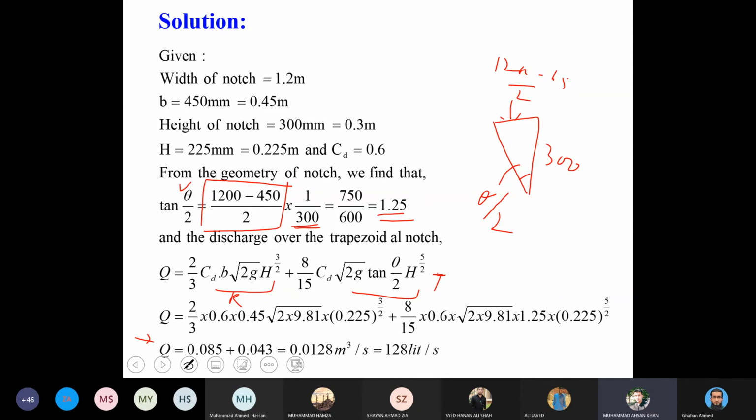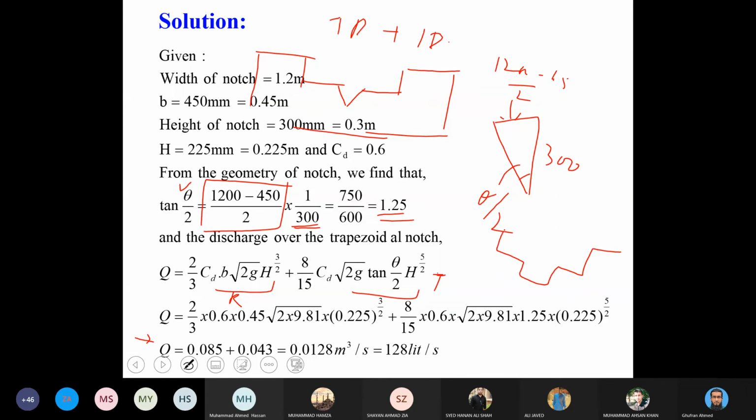If you have, say, a step notch, we will not study the step notch, but I would give some basic concept about it. Just like a trapezoidal notch, which is a combination of one rectangle and one triangle, a step notch can be like this as well, or it can be like this as well.